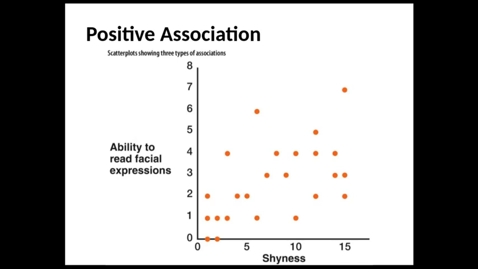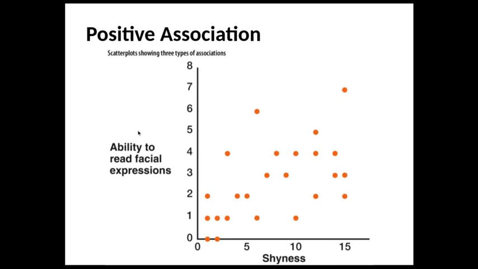So we have three different types of association. I would actually say 2.5, really, because one of them is zero association, which just means they don't really have much to do with one another. So looking at this chart, on the x-axis down here, we have a measure of shyness. So maybe on a scale of 0 to 15, how shy a person is based on a questionnaire.